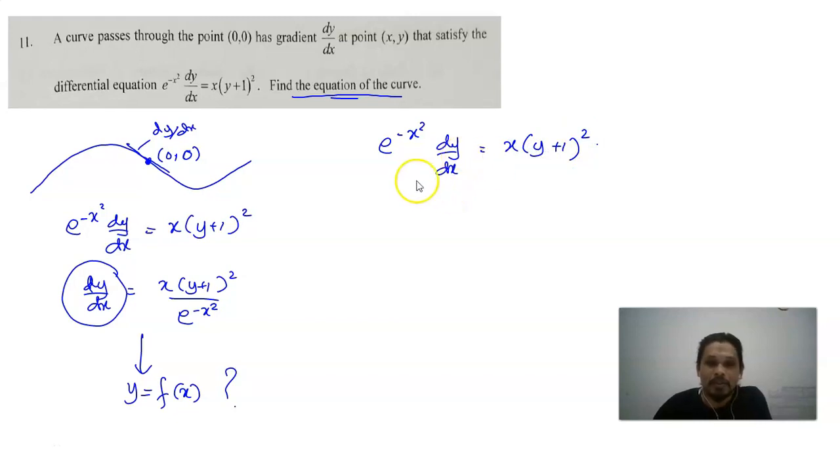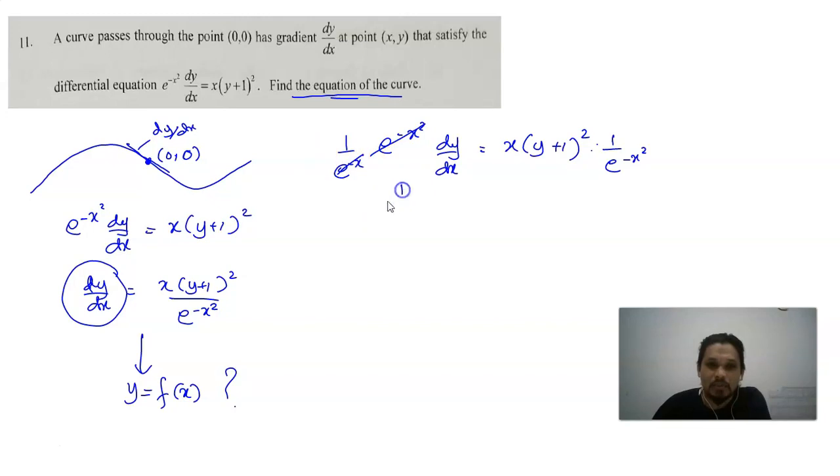So using separable variables, we multiply by 1 over e to the power of negative x squared, and also divide by (y plus 1) squared on both sides.